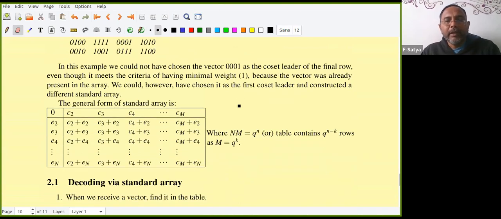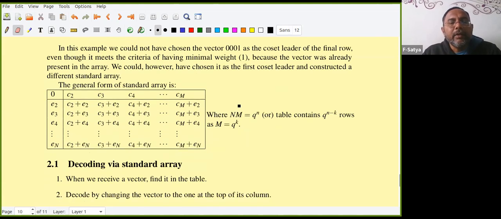How does the table look in general? This is the general formal way to write it. These are the code words C1, C2, C3 up to Cn. Now error vector E2. Okay, 0 0 0 is also an error vector, but in that case I'll get the code word. This is an error vector. So now the coset leaders become error vectors.